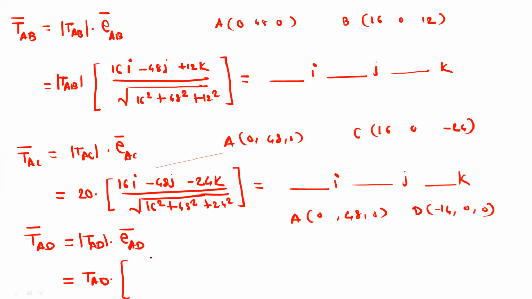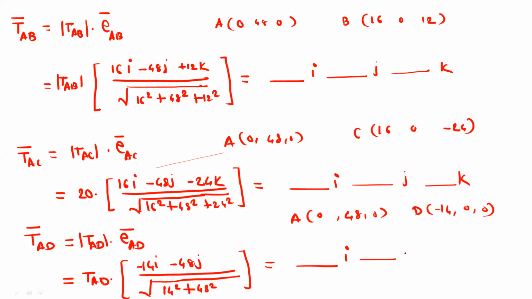So this unit vector will be minus 14I minus 48J and 0K, divided by the square root of 14 square plus 48 square. Simplify this and get this vector. So this is the vector representation for all the tensions: tension AB, tension AC, and tension AD.